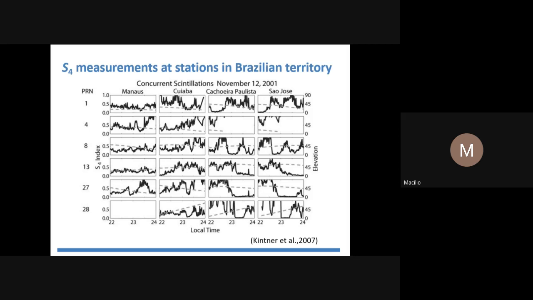The elevation is greater than 20 degrees. It goes from 0 to 90, and these are these lines here. And on the left-hand side, we have the S4 index values from 0 to 1. I think he explained it precisely. In fact, it's the elevation.